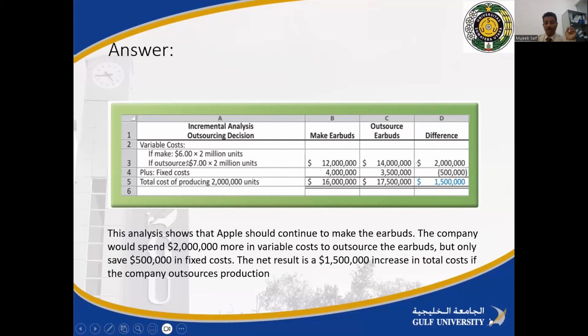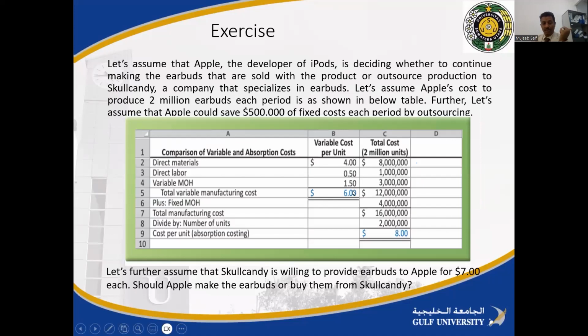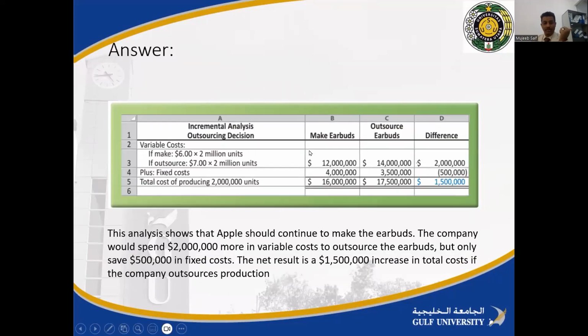If we want to take it from outside, we will pay $7 multiplied by 2 million units. We will pay 14 million. So the price that we will pay to the other organization is considered a variable cost. If we continue making this unit in our organization, variable cost will be 12 million, because as mentioned in the question, $6 multiplied by 2 million units.